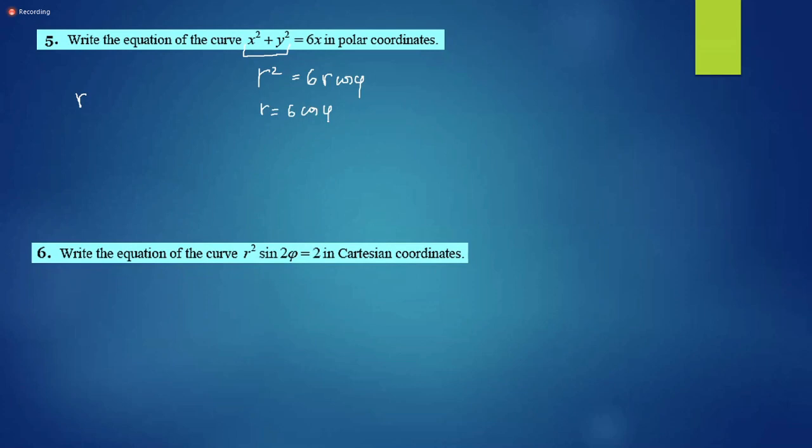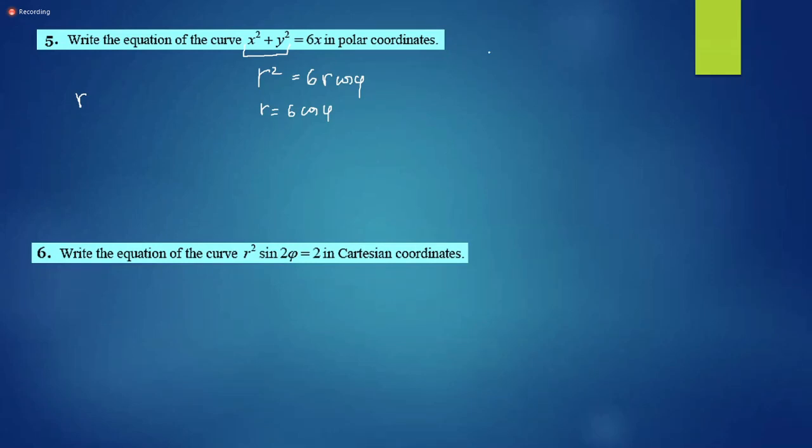R is 6 cosine phi. That's the equation of this curve, which is interesting because this is actually a circle that passes through the origin and has center on the x-axis. And at the same time, we can write it using the polar coordinates.